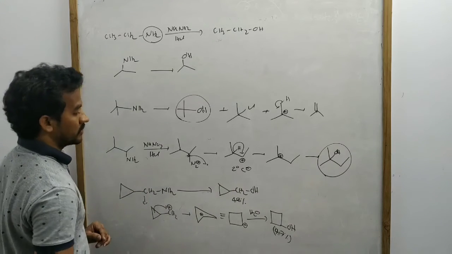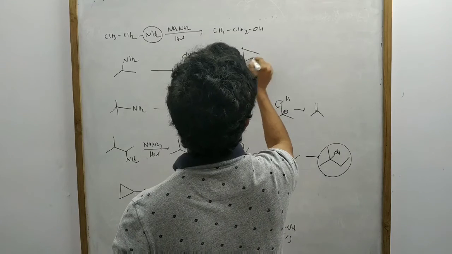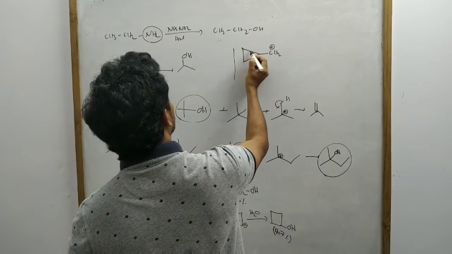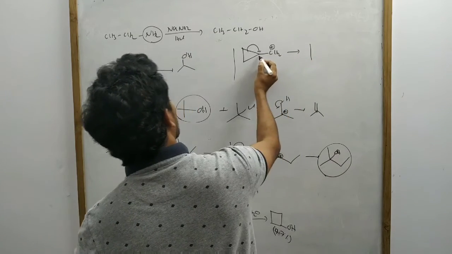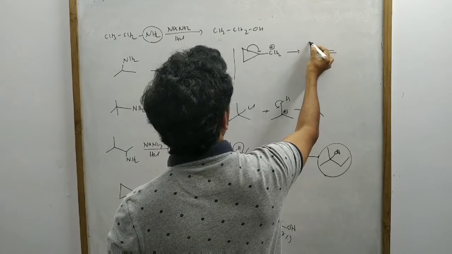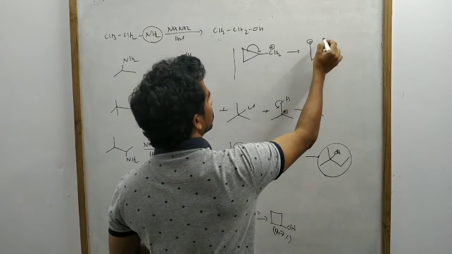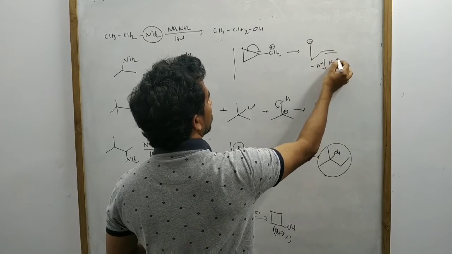Now here, another possibility. In the carbocation, by the complete breaking of this bond, this carbon carries a negative charge, forming a pi bond, then this one carries a positive charge. Now it is attacked by the water molecule followed by deprotonation.